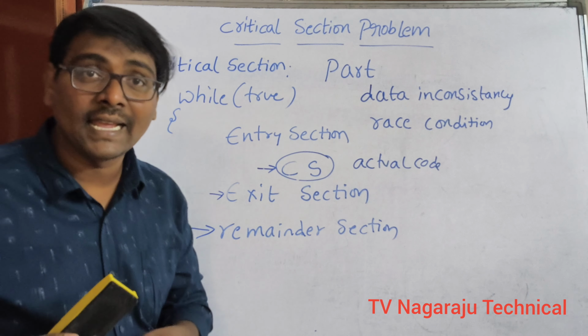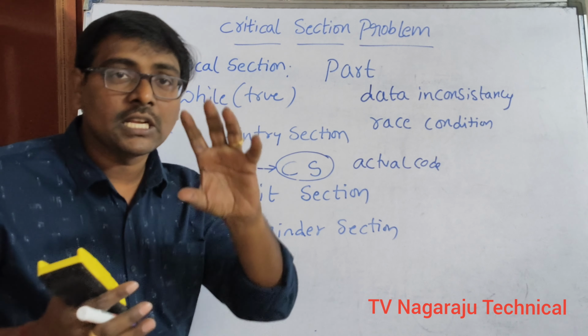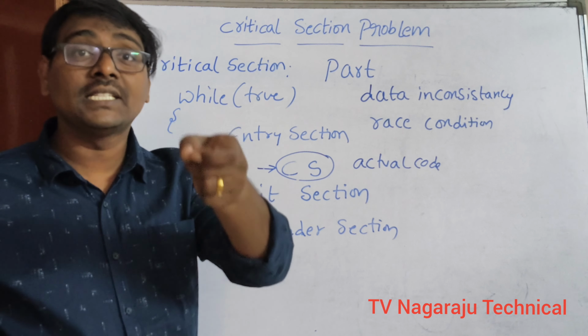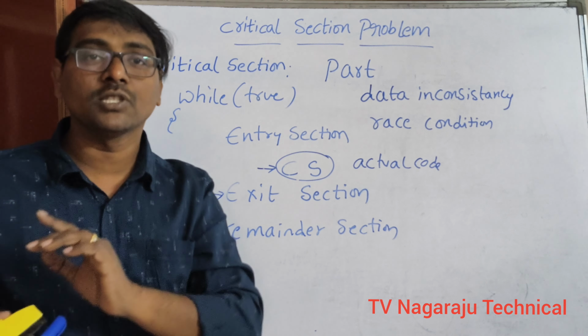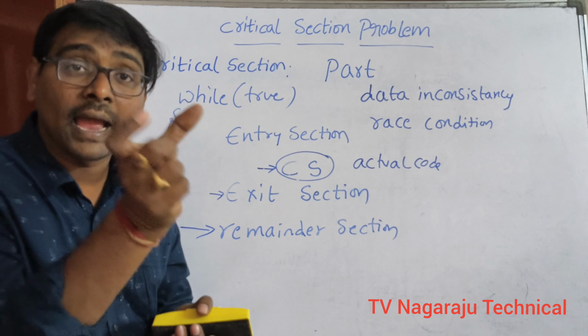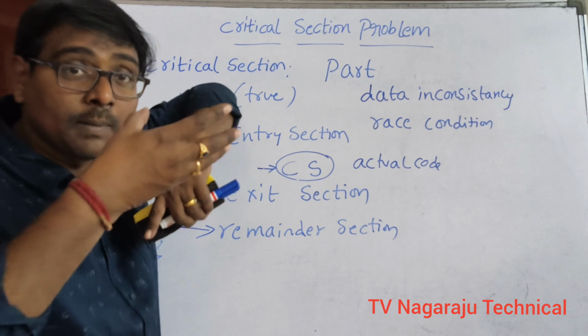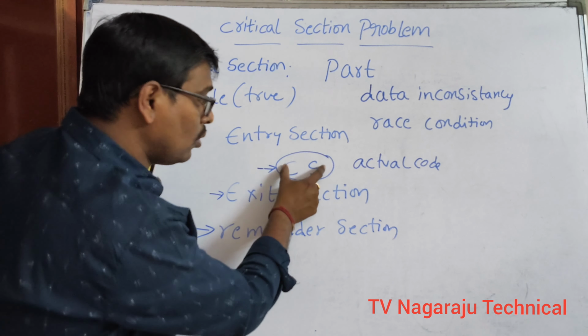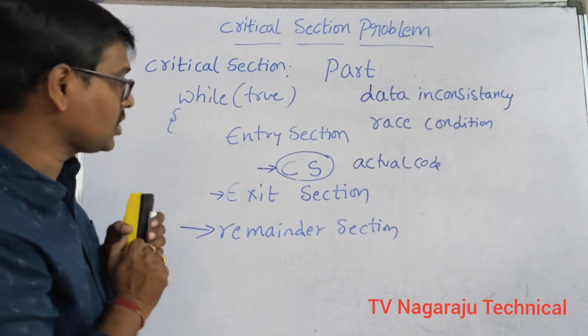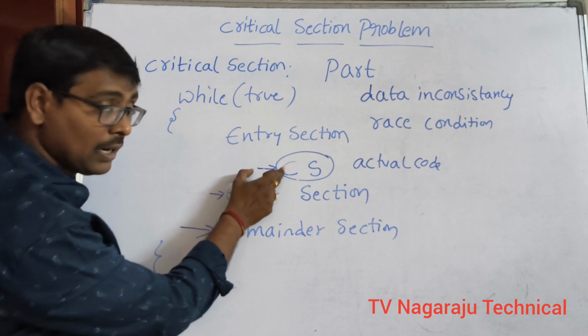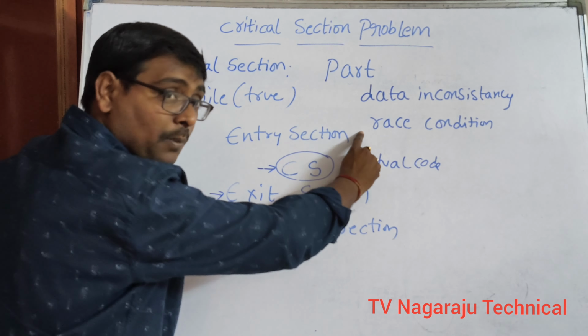Suppose a bank transaction: if withdrawal and deposit are performed at the same time, it leads to wrong results. So here the account is placed in the critical section. If you want to modify the account, that account is placed under the critical section. If more than one process enters, these are the problems.